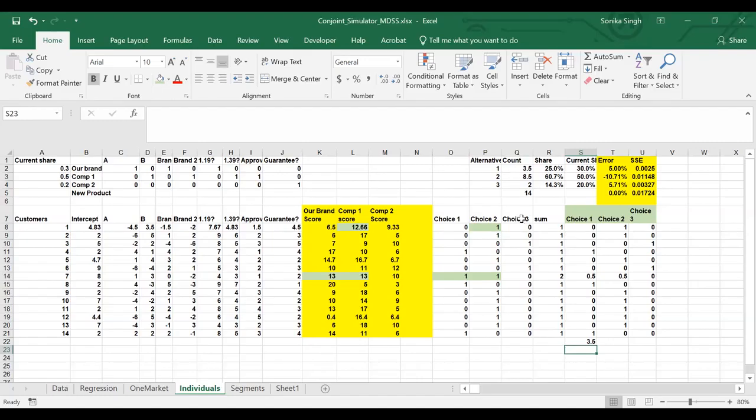So in other words, out of a total of 14 consumers, 3.5 went for choice option 1. To convert that to share, take that count and divide it by the total number of consumers. So that is 25%. So your current share is 30% and your expected share of the market is 25%. This is just a hypothetical example, and the error in prediction is about 5%.